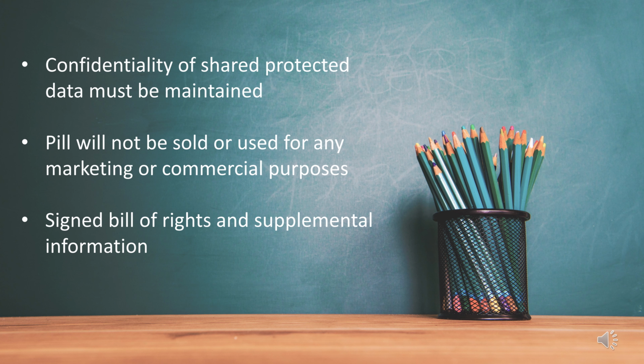Contracts must require the confidentiality of shared protected data be maintained in accordance with the law and the educational agency's policy, ensuring they will not sell PII nor use it for any marketing or commercial purposes. Additionally, the third-party contract must include the educational agency's signed Bill of Rights along with the required supplemental information.